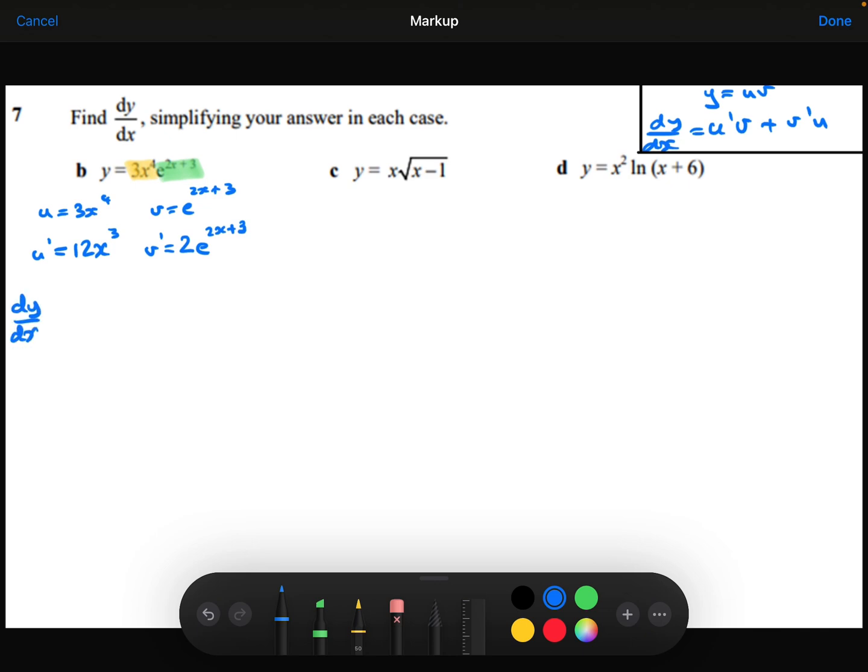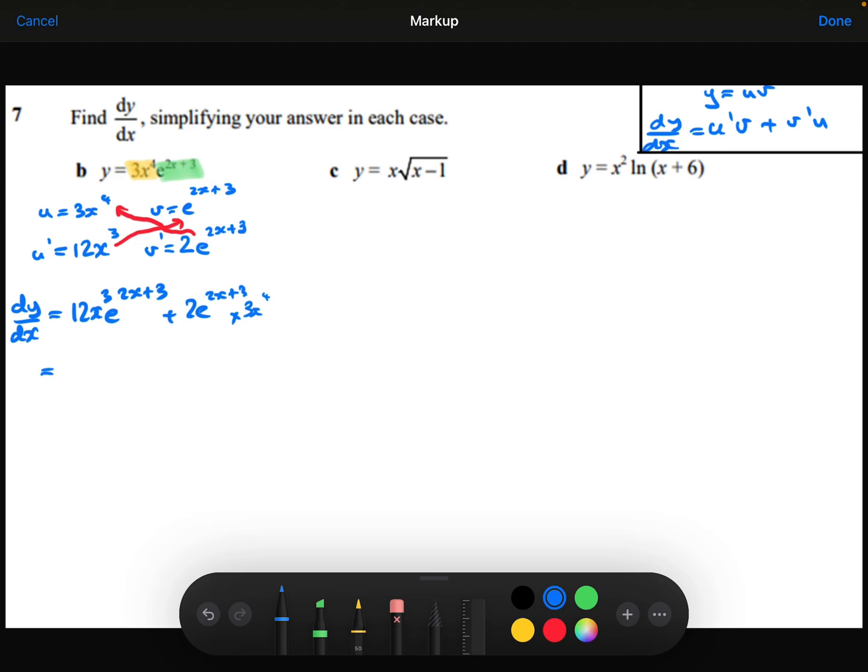So dy by dx is equal to u dash times v plus v dash times u. So u dash times v plus v dash times u.